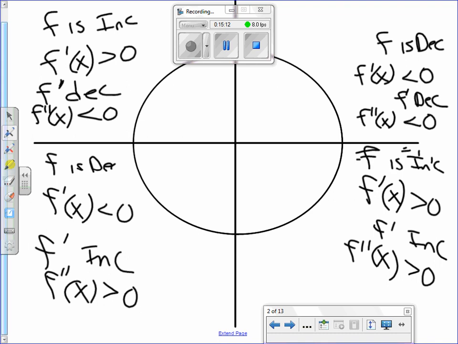What kind of concavity? Concave up. So when the second derivative is positive, positive people smile. Concave up looks like a cup. So the second derivative sign tells you about the concavity. When the second derivative is negative, your graph is going to be concave down. When it's positive, it's going to be concave up.